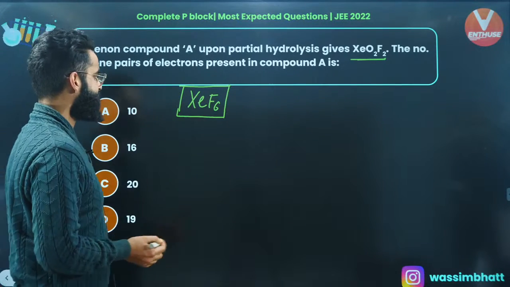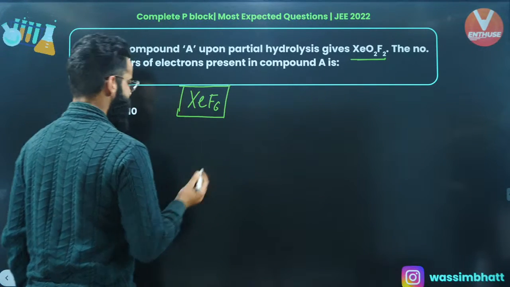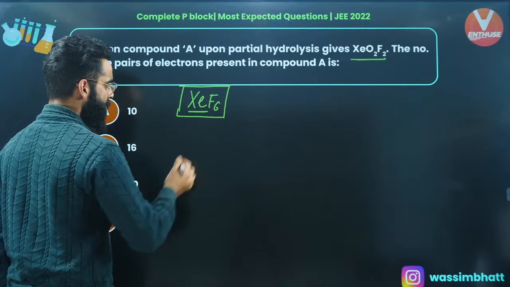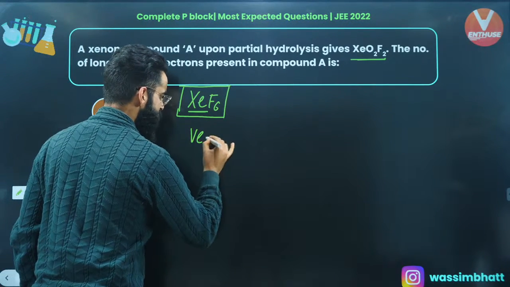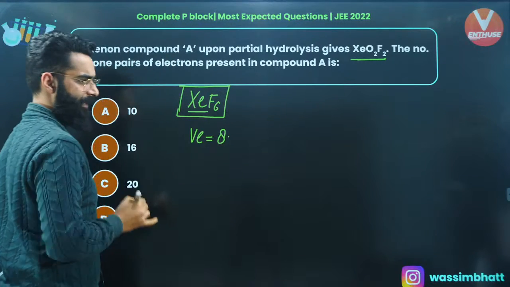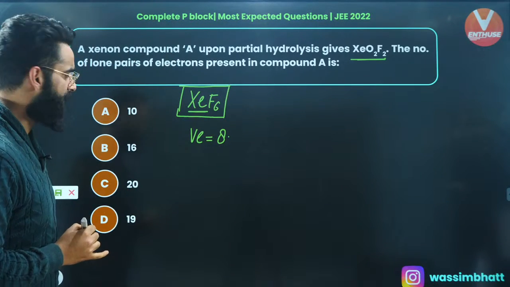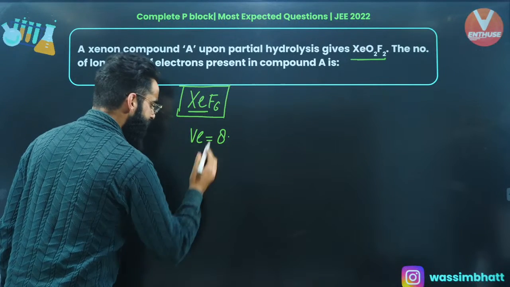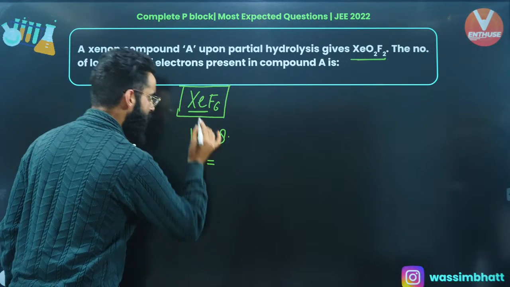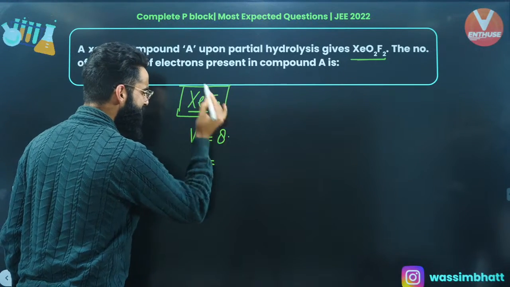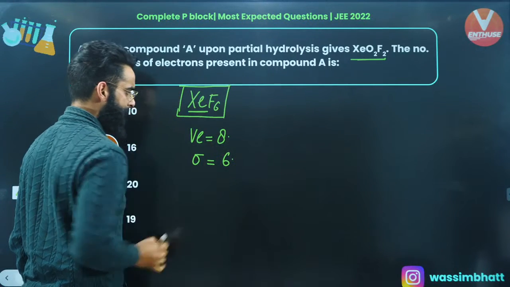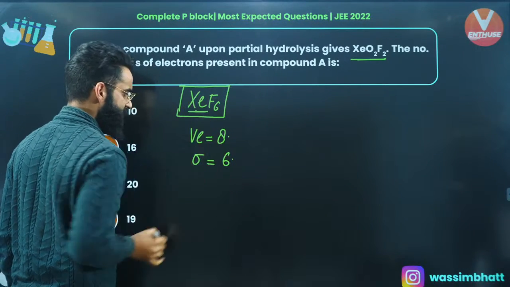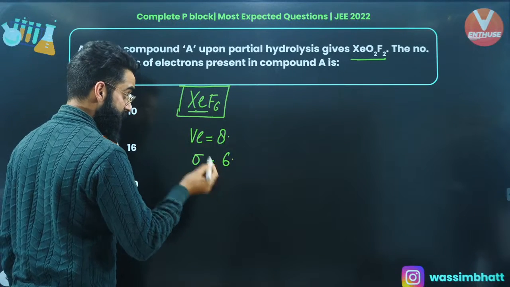Have a look. First of all, if you talk about xenon, how many valence electrons does it have? It has got 8 valence electrons, absolutely. Now people, let me tell you how many sigma bonds this xenon is forming. Since it's forming 6 sigma bonds with fluorine, out of 8 valence electrons, xenon is using 6 of its valence electrons to form 6 sigma bonds.